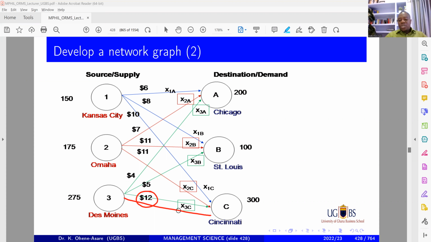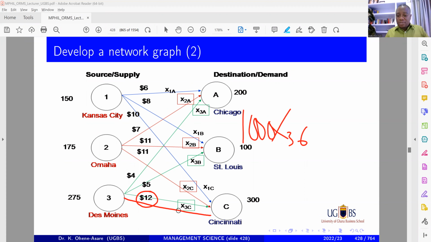What you will do is write X36 and give it a huge cost of, say, 100, and bring that into the model to indicate that you understand that it is a prohibited route. I hope you get it. Or you give it even 1,000 to indicate that that is a prohibited route.